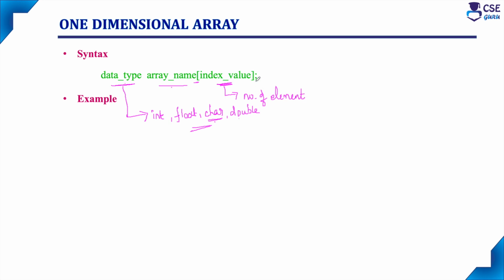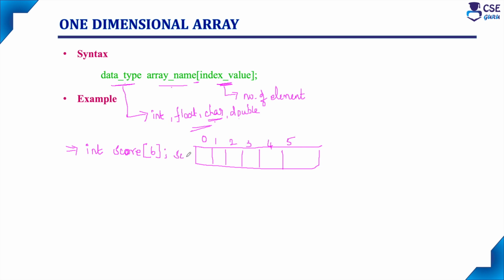And then finally a semicolon. And if we consider an example, int score of 6, totally 6 memory locations will be allocated sequentially. Okay. From 0 to 5. This array name is nothing but score.